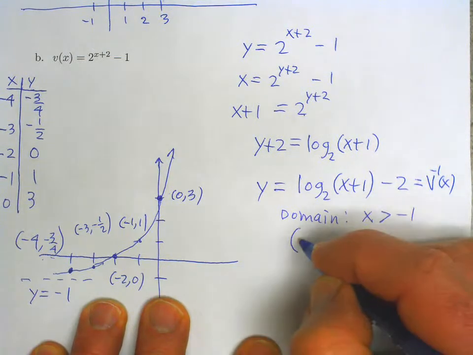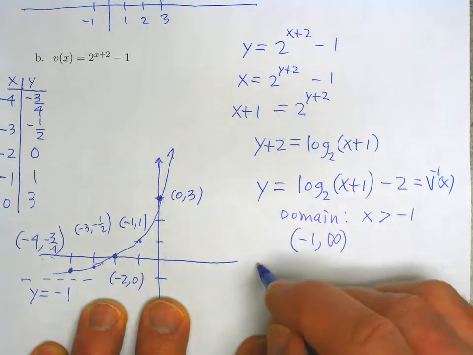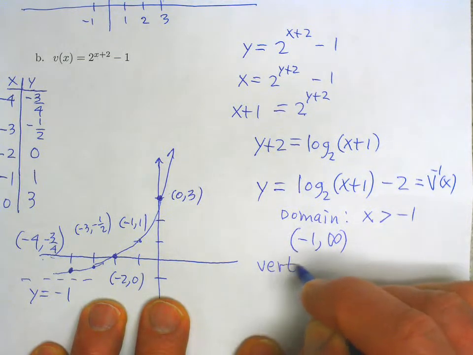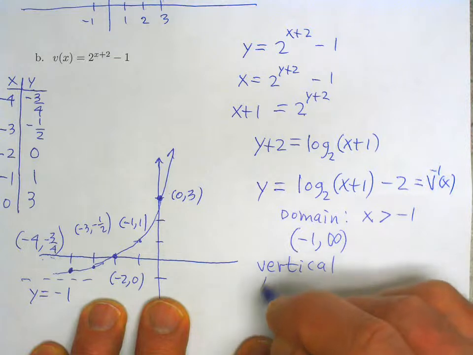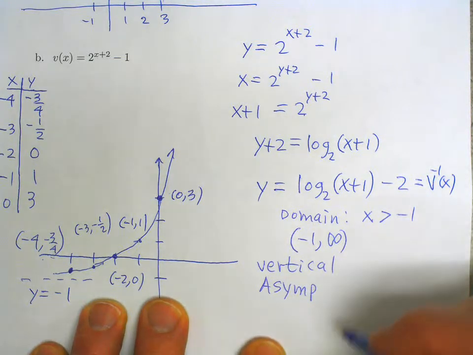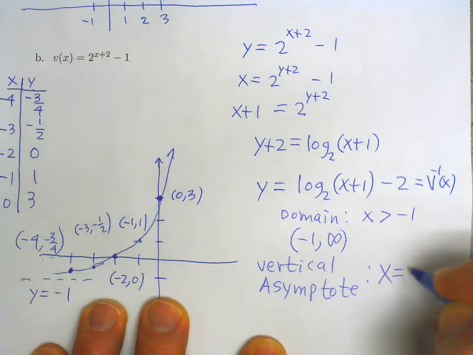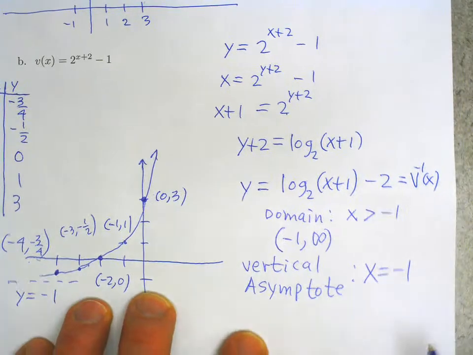So it's parenthesis -1 comma infinity. And the vertical asymptote is the line x equals -1. Just as we suspected.